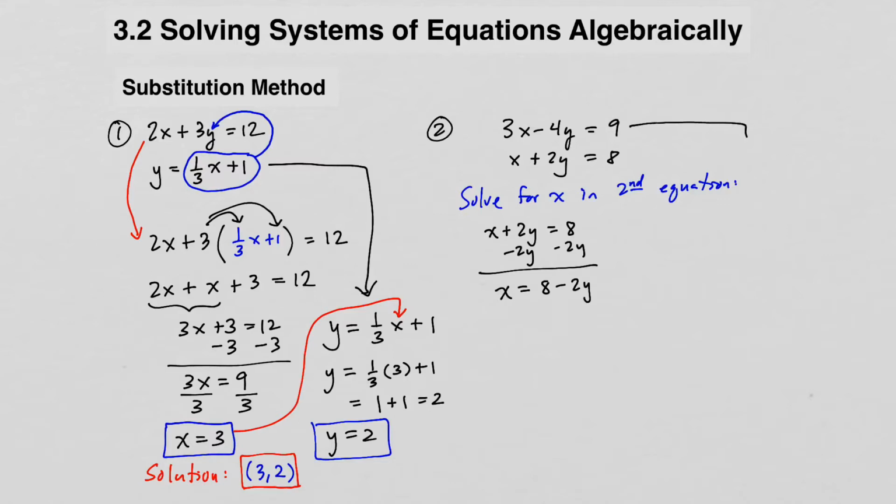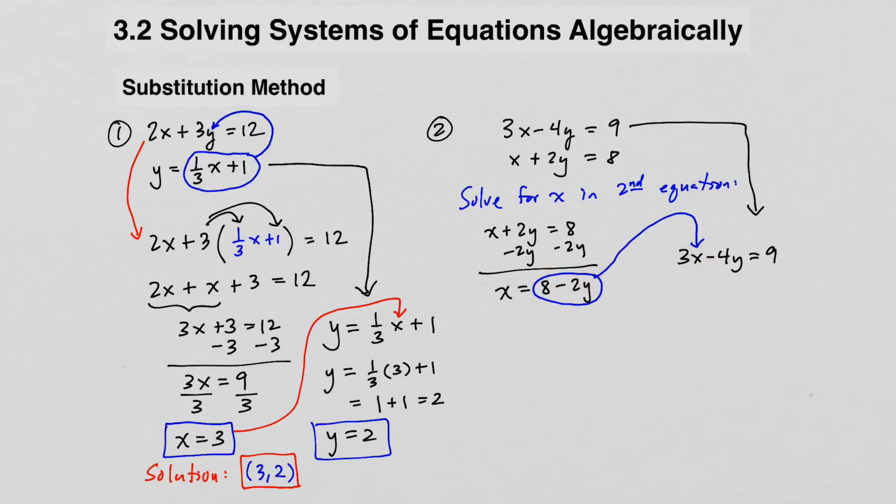Now our first equation stays the same for now, and we're going to take the expression that we solved for here, and we're going to substitute that into the other equation, replacing the x. And again, we're replacing the x because x is equal to this. So if we know x is equal to something, we can replace x with that expression.